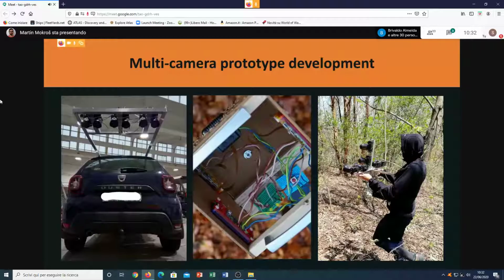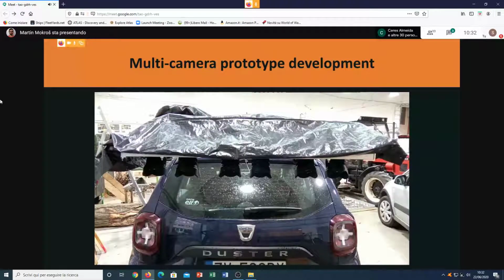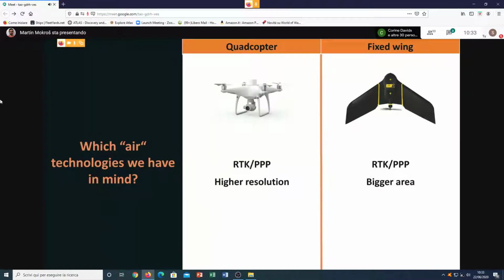This prototype is also the proof. And the drones. Now when we have used, we have the research about the RTK and PPK, so there is a typo, sorry, in the forest, and it is surprisingly accurate.